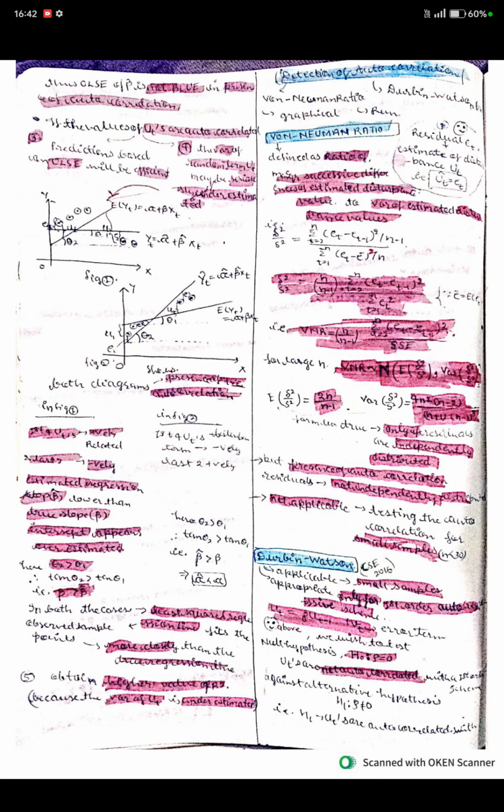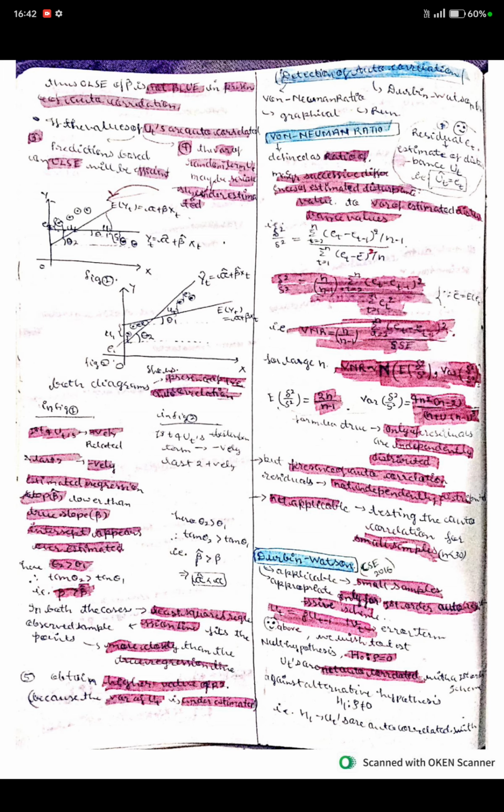In figure 1, the first 4 ut's are positively related and the last 2 ut's are negatively related. The estimated regression slope beta cap is lower than the true slope beta. Intercept appears overestimated.